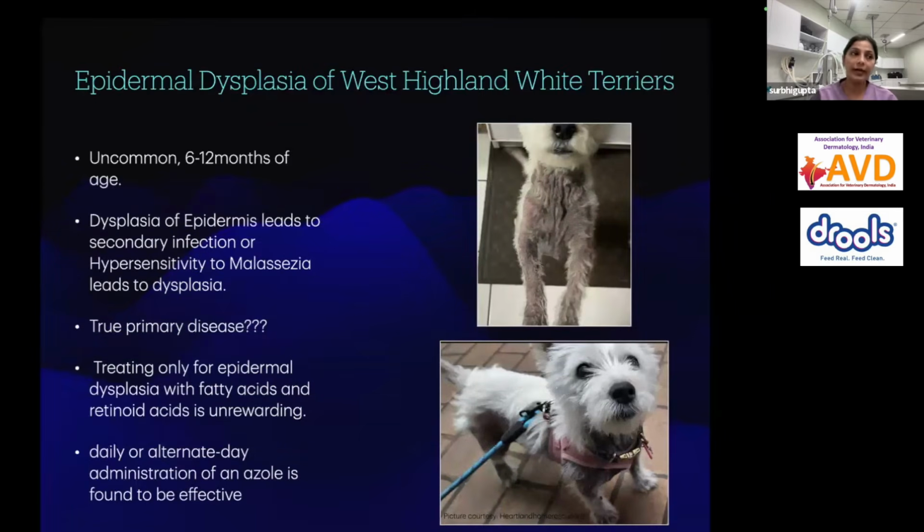So there's no conclusion yet, it's still a debate. What they have noticed is that probably these patients are hypersensitive to malassezia, and because of that hypersensitivity, these dysplasias are happening, and the moment you treat the malassezia, they become completely normal.